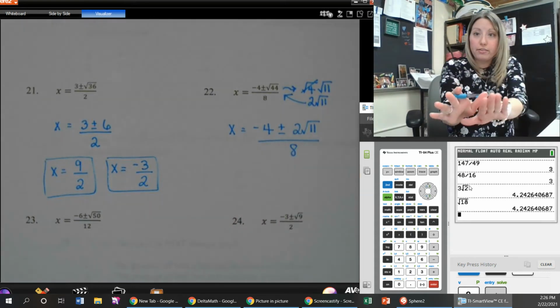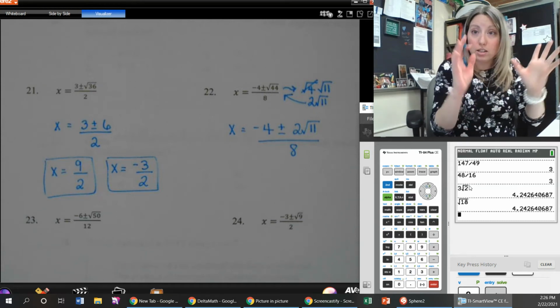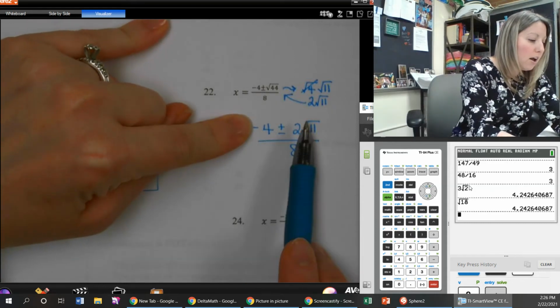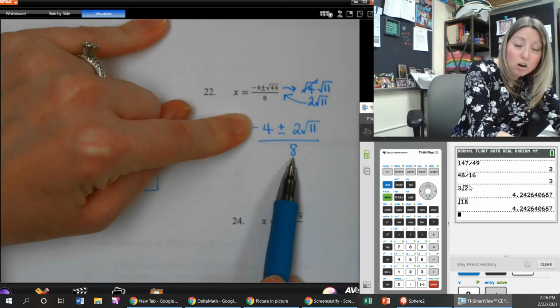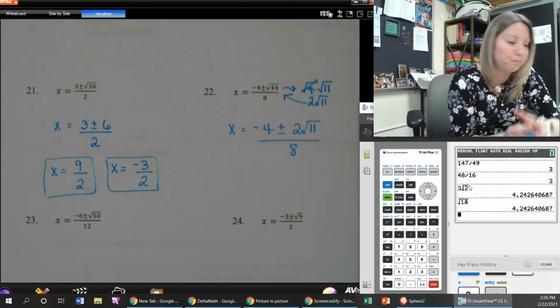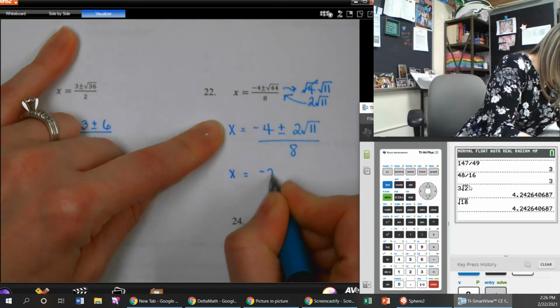Now what you look at in the fraction version is, are the coefficients all evenly divisible by the same number? Negative 4 and 2 and 8 are all even numbers, so they're all evenly divisible by 2. So negative 4 divided by 2 is negative 2.